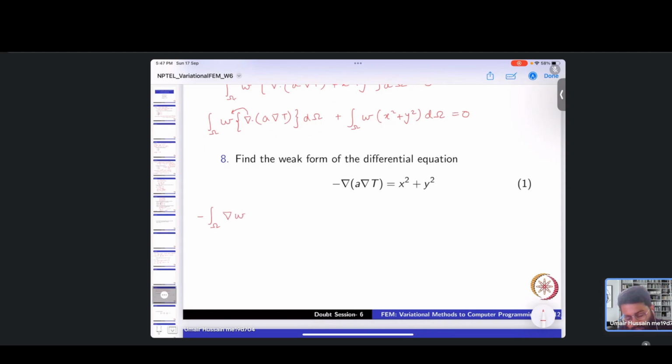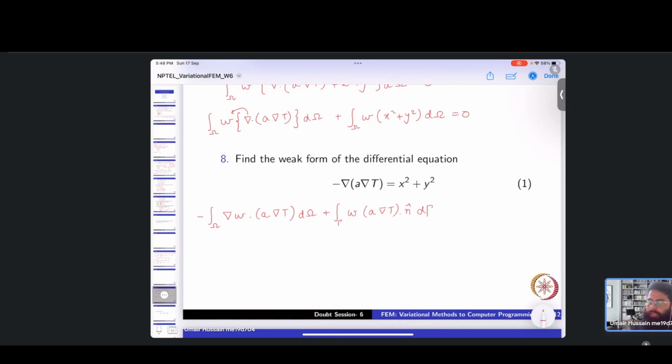We have the gradient of w dot product with whatever we have from the other term. So this is one term. Next we will have the boundary integral term with a plus sign. Here we'll leave w as it is, and we'll have this other term with the del operator removed and dotted with the normal vector to the surface.